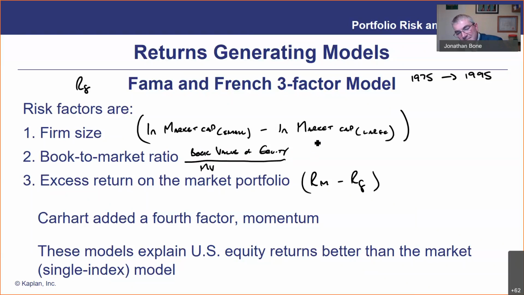This is simply the inverse of the price to book ratio. Okay, so they've got price on the denominator and book value. Book value, of course, just means balance sheet value. Okay, so book value of equity, and of course, because of the balance sheet equation, assets equal liabilities plus equity, it's the same as saying the book value of net assets. So you're looking at the book value of net assets compared to the market value of net assets, or the book value of equity compared to the market value of equity.